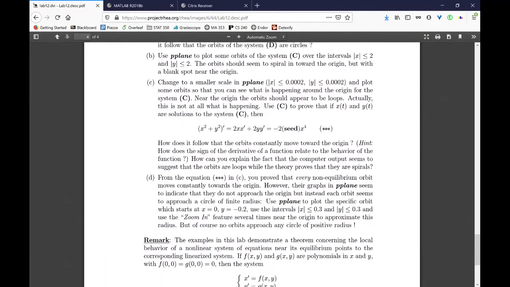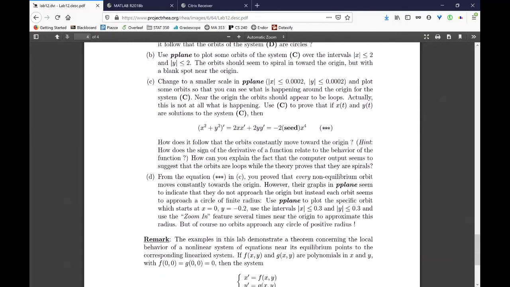And finally, for part D, from the equation in C, you prove that every non-equilibrium orbit moves constantly towards the origin, right? Remember that the distance prime is equal to minus 26x to the fourth. However, their graphs in p-plane seem to indicate that they do not approach the origin, but instead each orbit seems to approach a circle of finite radius, right?